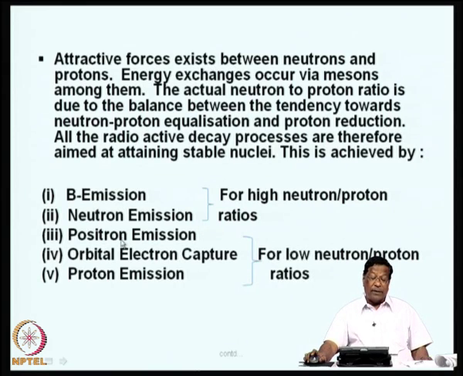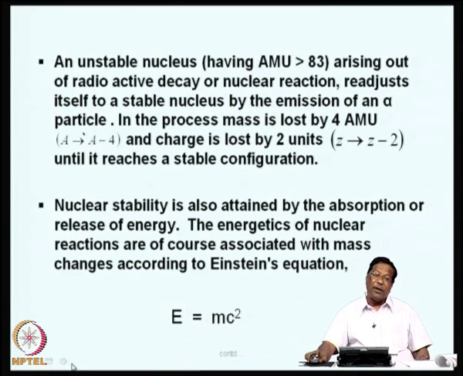The other way is to lose positive charge, in the form of positrons, orbital electron capture and proton emission. This is predominant among substances with low atomic weight.